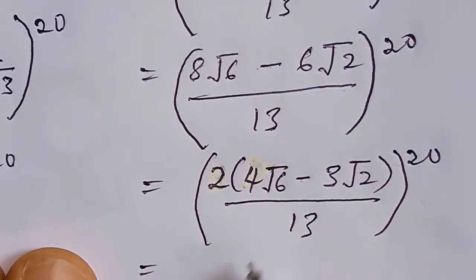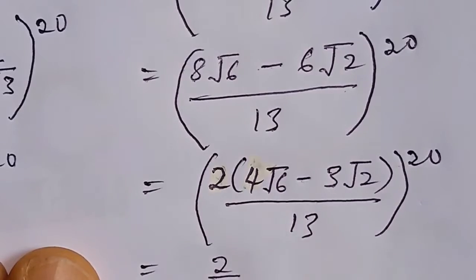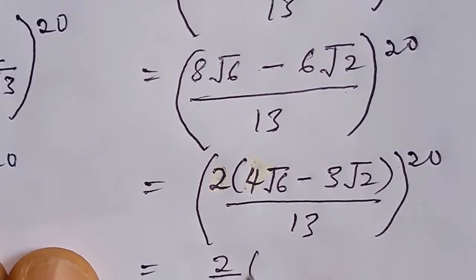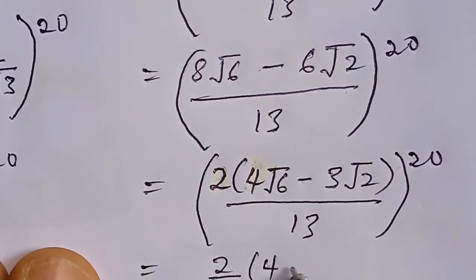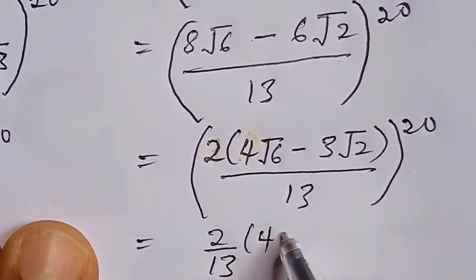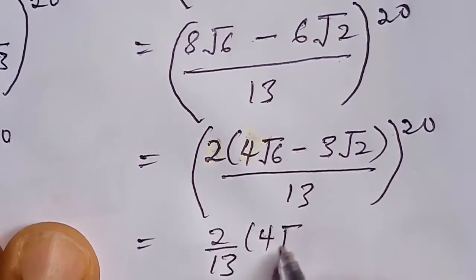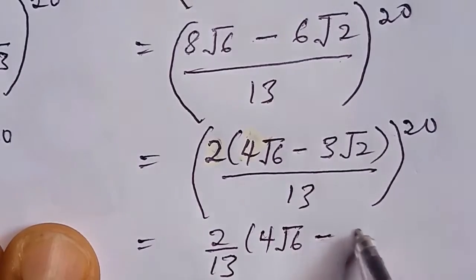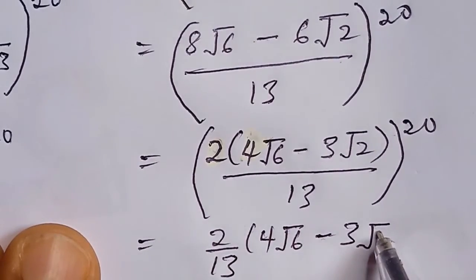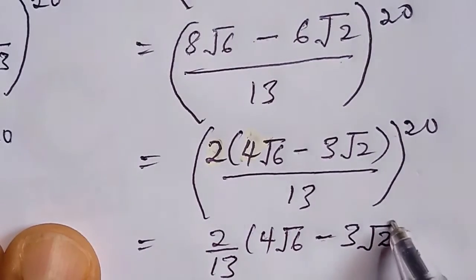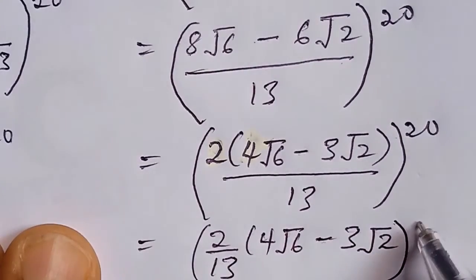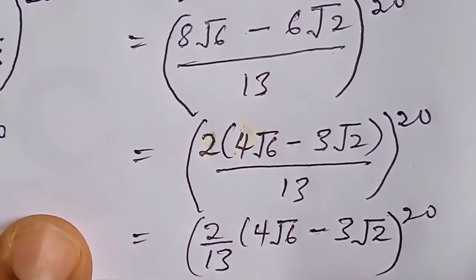So we can rewrite this as 2 over 13, then 4 square root of 6 minus 3 square root of 2, all into bracket to the power of 20.